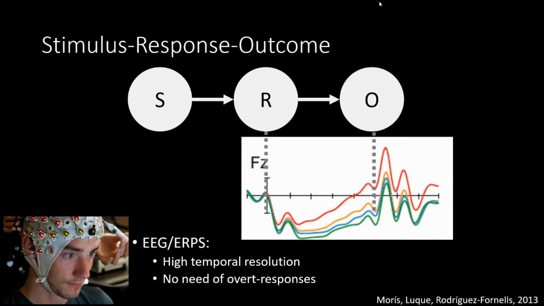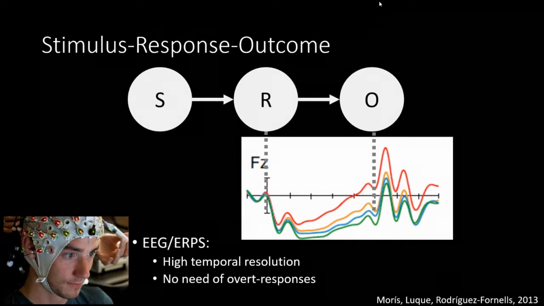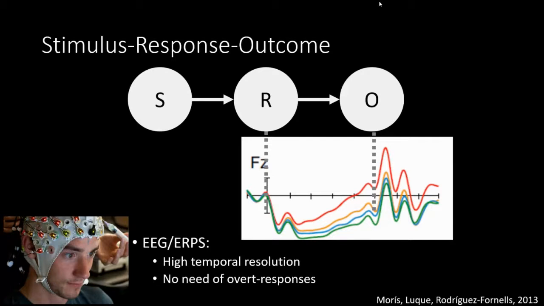And EEGs are really good at doing that, and other things like fMRI are not that good for these high temporal resolution things. And another really good aspect of this technique is that we can study the outcome, for instance, without overt responses during the outcome. The outcome can be a feedback or the image of a reward, food, whatever.